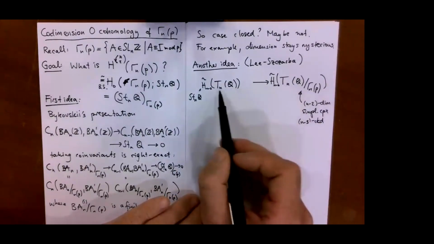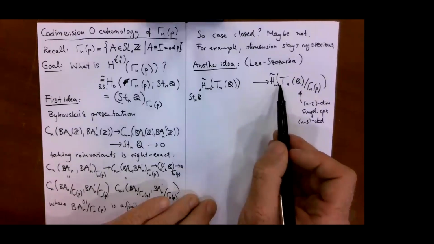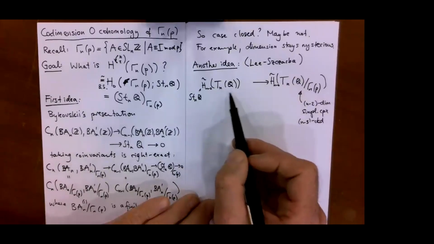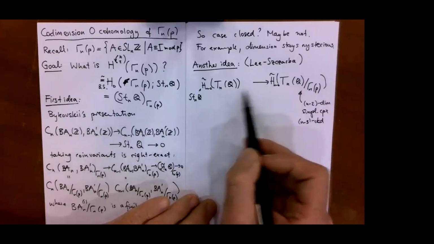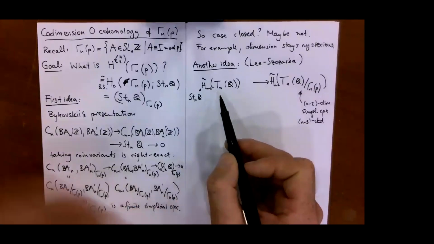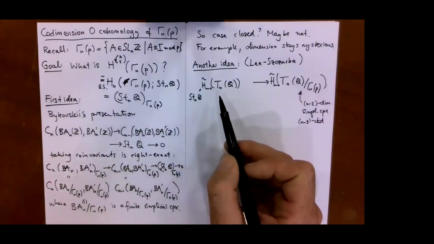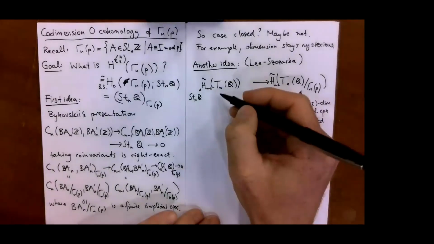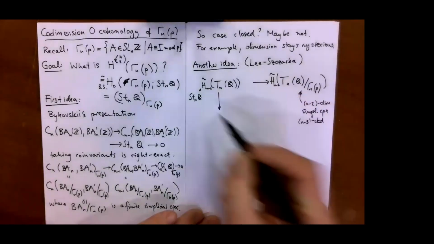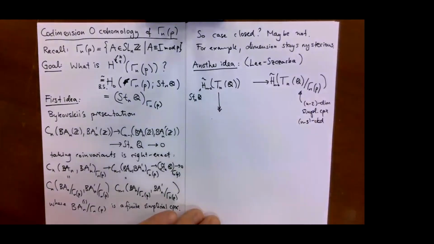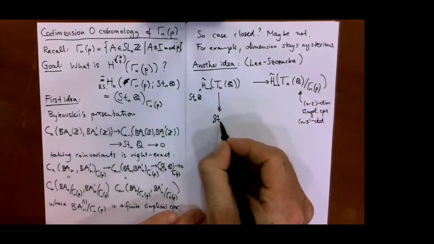So this is a Gamma_n(p)-equivariant map. And on this side, you have the action still, and that's what you want to do, right? You want to mod out by this action to get the quotient being the coinvariants.